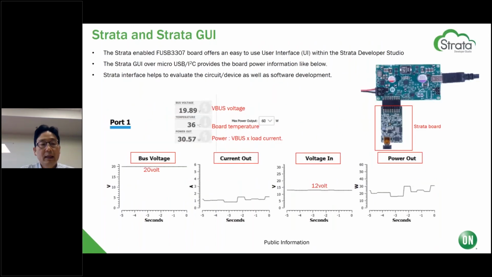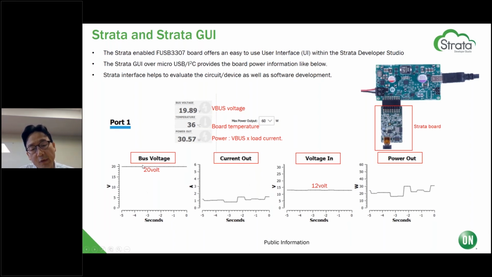So Strata is the company's standard development studio, and this is the connector from Würth. We have a Strata board that is provided for development. But actually, this board works standalone, and the Strata interface is there to provide information like the VBUS voltage, the load current, and the input voltage.